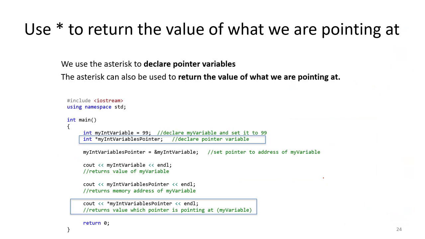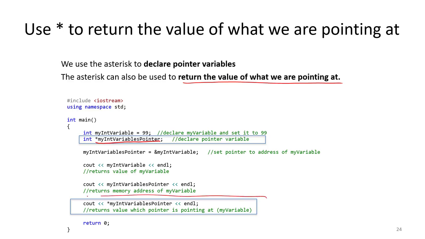All right, first new rule. Use the asterisk to return the value of what we are pointing at. Notice that we used the asterisk to declare pointers, for example, int asterisk my int variable's pointer. But the asterisk can also be used to return the value of what we are pointing at.